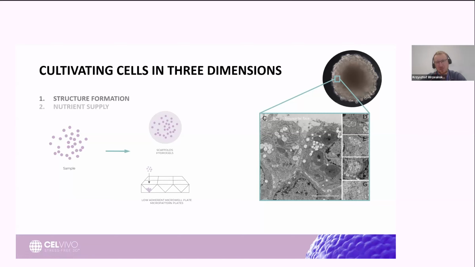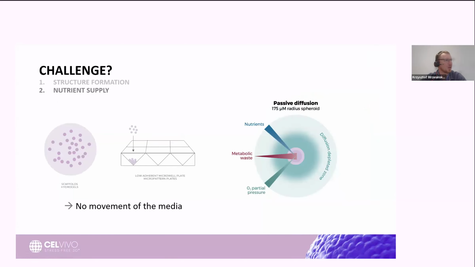Because we are using passive diffusion, and often we also have to deal with the high capillary forces of the small ULA plate or micro pattern cavities. So with passive diffusion, the cells are able to access only nutrients from their direct neighborhood, and with time they will create a so-called nutrient depletion zone.